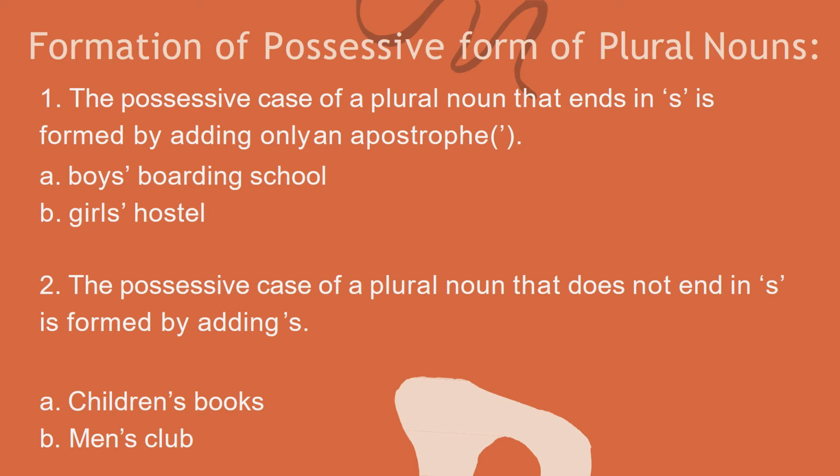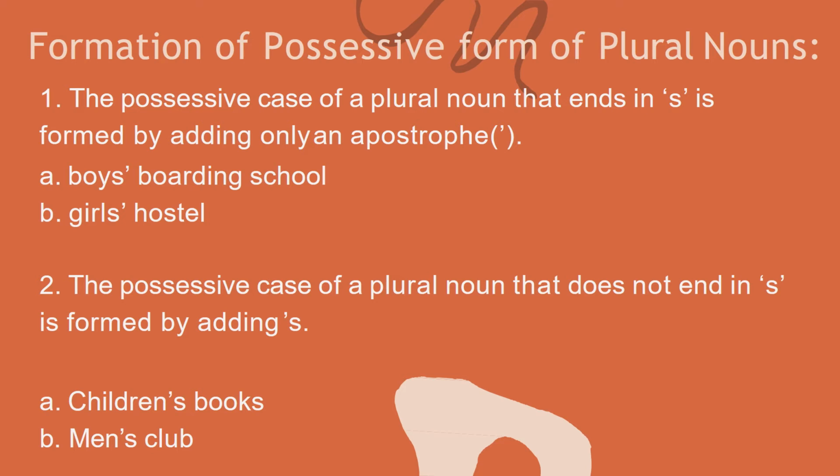It is very much similar to what we learned in the previous slide. So first example is boys' boarding school. Since boys is already a plural form, we will not add s with the apostrophe and we will simply write boys' boarding school.